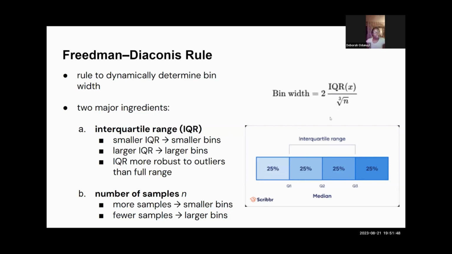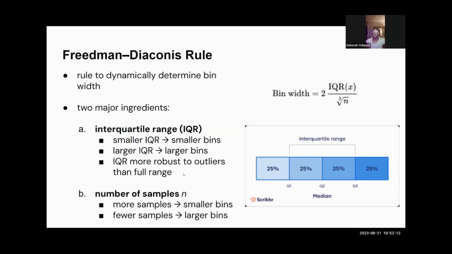And if you use a larger interquartile range, you'll get a larger number of bins. And the interquartile range gives you a better idea than using the full range because it's more focused on the middle concentration, which for normal data, like I said, has that bell curve. So the middle is the most important. That's why using the interquartile range is really good.